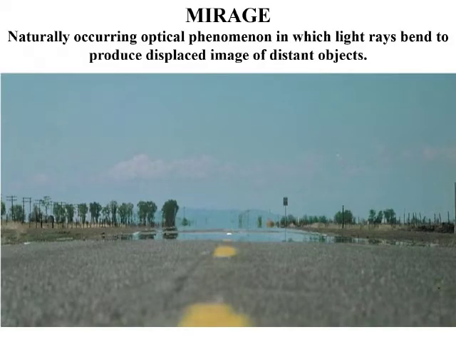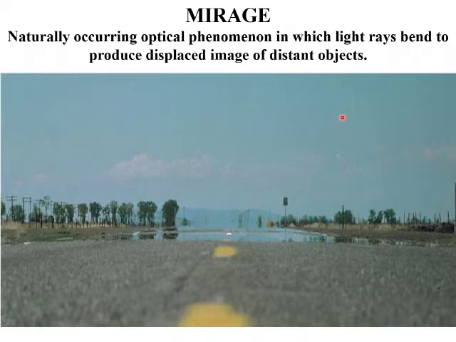Today we are going to study Mirage. Mirage is a naturally occurring optical phenomenon in which light rays bend to produce displaced image of distant objects. So here we find that it's a natural phenomenon in which the light rays bend and they produce displaced image of distant objects.